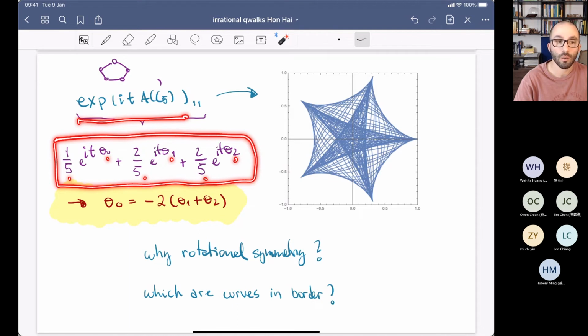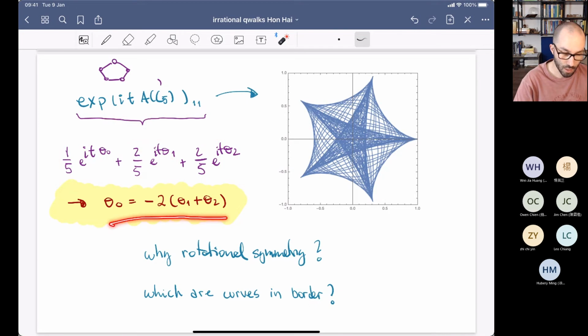And now we know how to describe all linear dependencies, all integer dependencies of these things. In fact, for this particular example, theta 1 and theta 2 are free, independent, rational numbers, but theta 0 can be written as -2 times theta 1 plus theta 2.